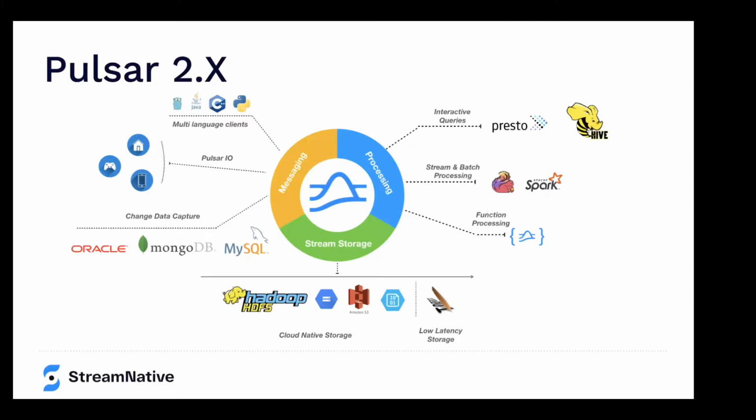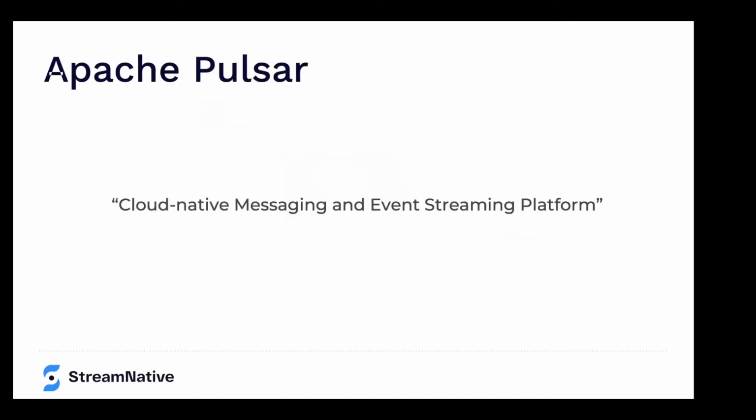We also introduced a lot in the processing field, including interactive queries with Presto and Hive, and stream and batch processing with Flink and Spark. The unique thing we provided is function processing, the Pulsar functions. So now, we call Pulsar 2.x a cloud native messaging and event streaming platform.